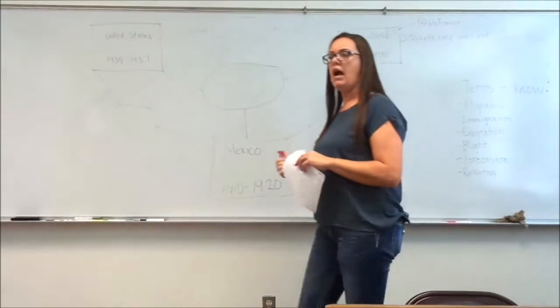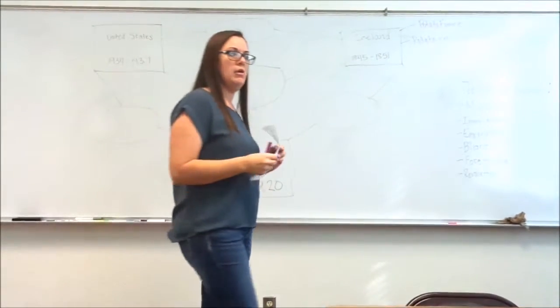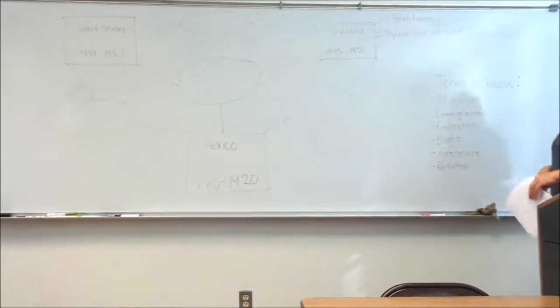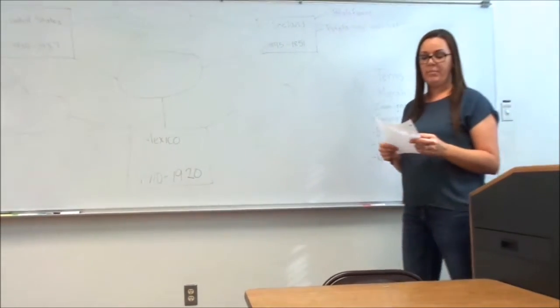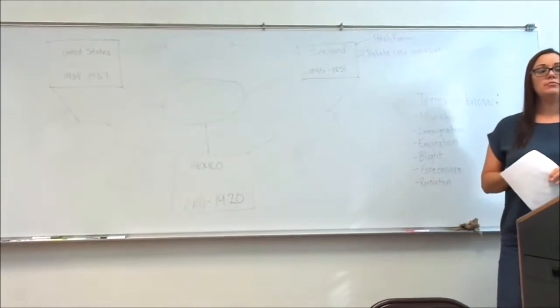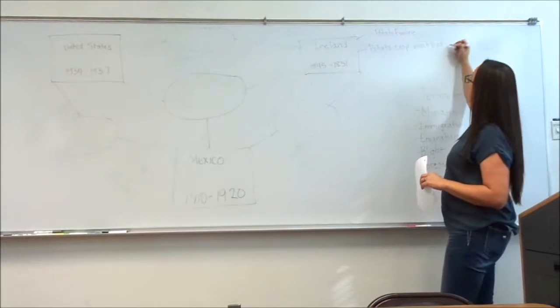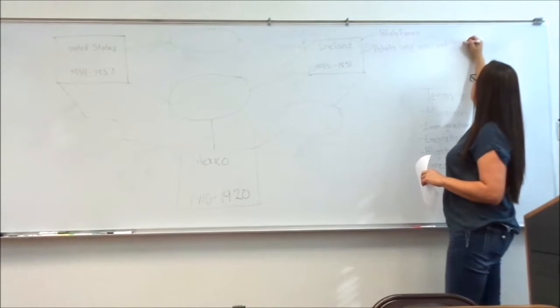So, how did the potato crop go bad? What happened to the potatoes? Do you guys remember one of our terms that we had to learn? Blight. Blight is how they went bad. And blight, do you guys remember, is a fungus that happens with the crop. So, we're going to say it went bad, and we're going to put blight on the side.